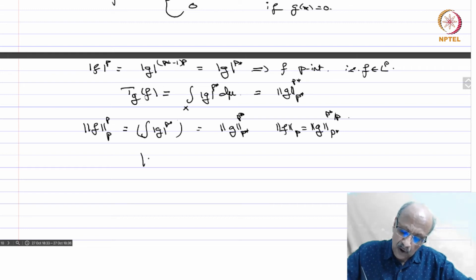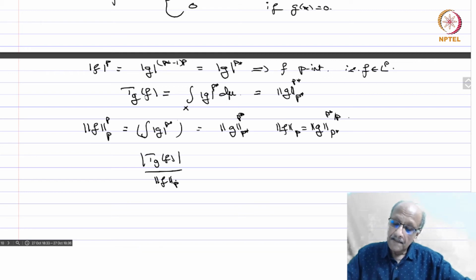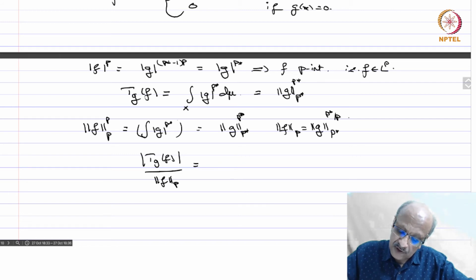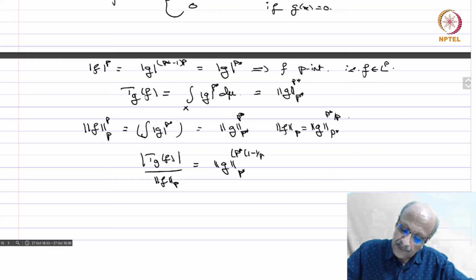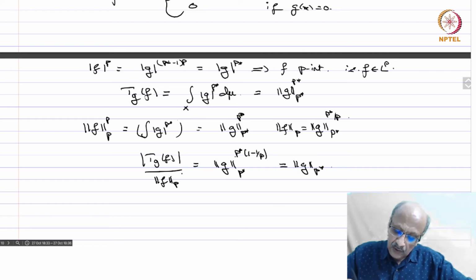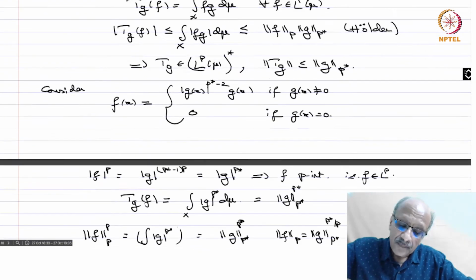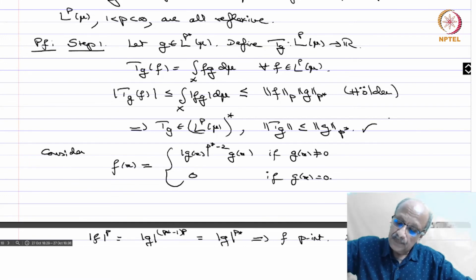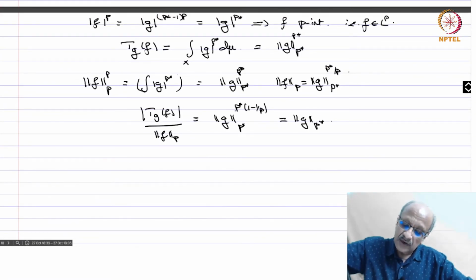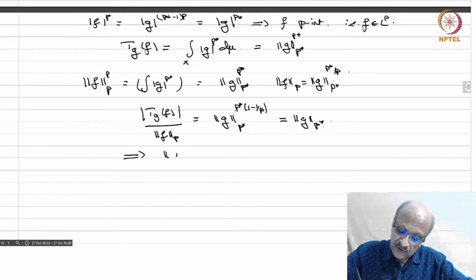So if you substitute Tg f by norm f_p, you will get exactly norm g_p star to the power 1 minus 1 by p, which is just 1, so this gives you norm g_p star. The supremum of all this is norm Tg, which is less than or equal to norm g_p star, but we have actually found an f for which it is attained, so norm Tg equals norm g_p star.